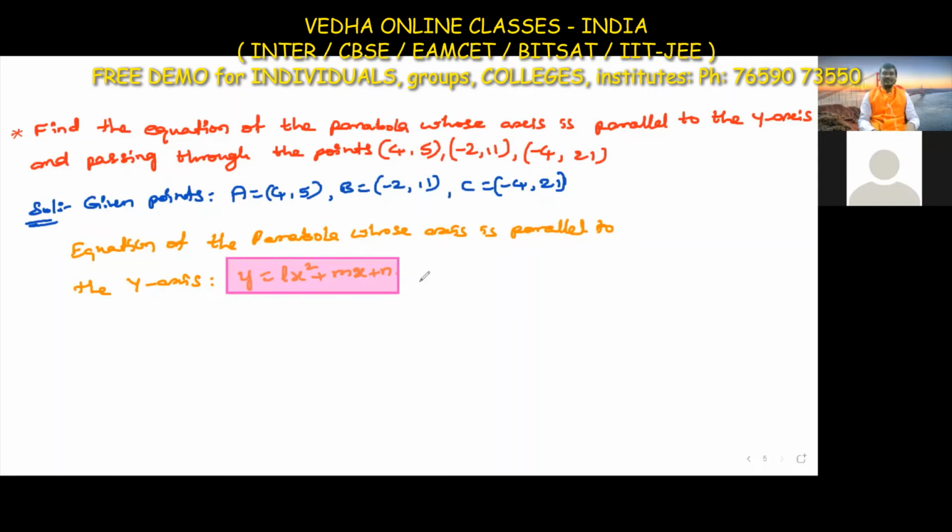Y is equal to l x square plus m x plus n, this is the formula, equation 1, and this parabola is passing through the three points A, B, C. Get the parabola equation.